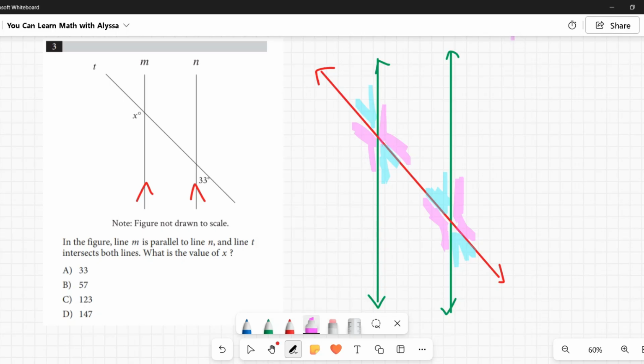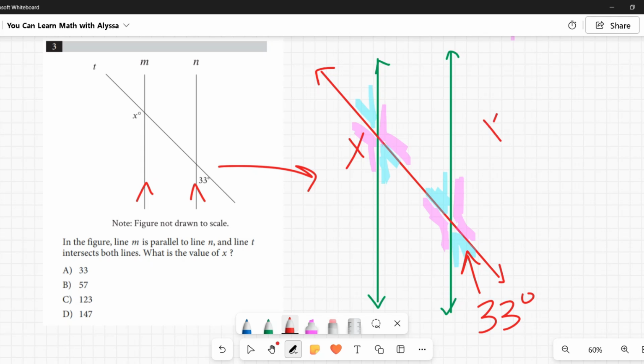Looking at our chart that we're given, which I have crudely recreated over here, they want to know the value of x, and we are given the value of this angle down here, 33 degrees. In my chart, it's one of the blue ones, and my x up here is one of the pinky purples. They are opposite colors, so they are supplementary.